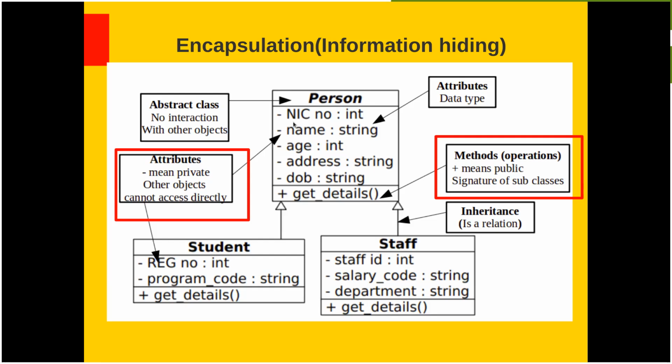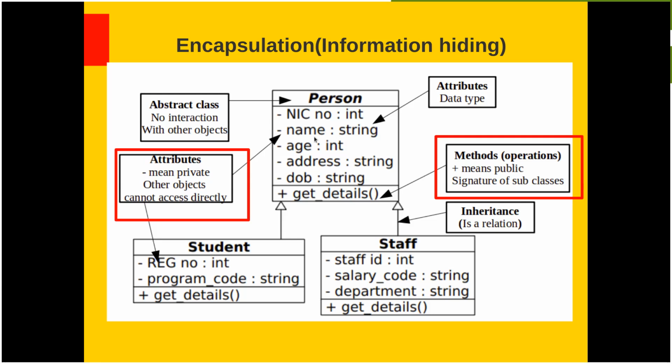The type of this data attribute is integer, the type of that is string, like that. Here the minus sign before attributes means private. Private means we can access them only within this class.